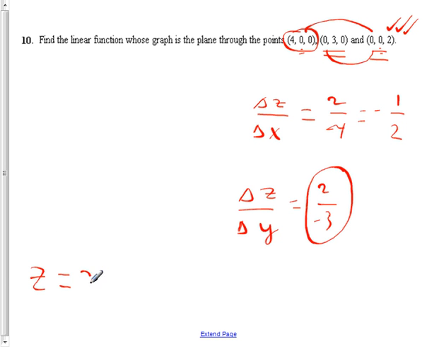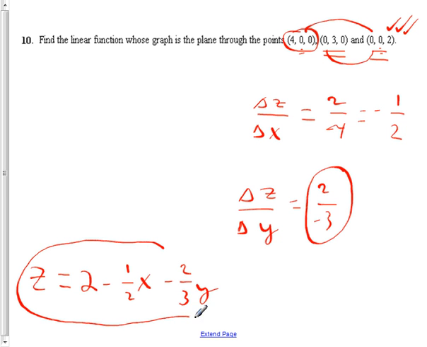So we get z equals 2 minus 1/2 x minus 2/3 y. And again, I chose that point because that allowed me to use the equation z equals my z-intercept plus slope in the x direction times x plus slope in the y direction times y.